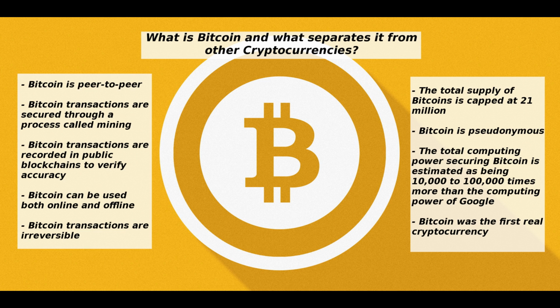Now, mining is one of the most complex aspects of Bitcoin, and almost no one really understands it. By that, I just mean they don't understand what mining is and what it does. But to give you a short summary, every 10 minutes, all Bitcoin transactions that have happened in that 10 minutes are processed by Bitcoin miners.